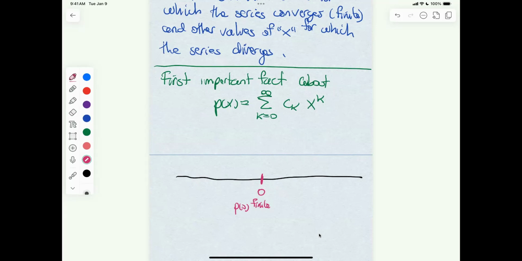But the cool thing is that the finiteness will extend across an interval. There will be a kind of safe zone around zero, which is called the interval of convergence.